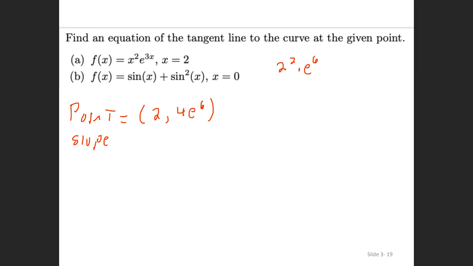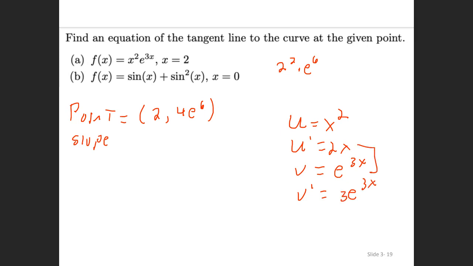I've got a point, so now I need the slope. In order to find the slope, I have to take the derivative. So u is equal to x squared, u prime is equal to 2x. v is equal to e to the 3x, v prime is equal to e to the 3x times 3 for the inside. So I've got 2x e to the 3x plus x squared times 3e to the 3x.